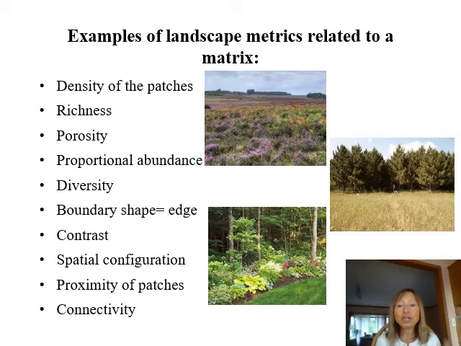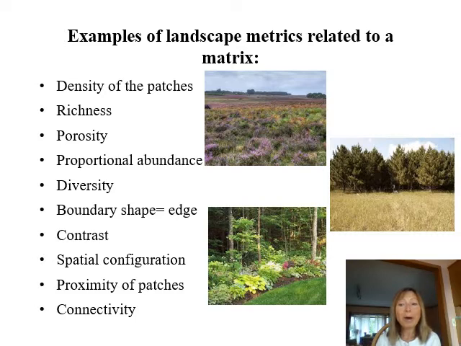Richness shows us what is the share, what is the proportion of different types, what is the diversity of different types of patches within the landscape mosaic. Landscape porosity. So remember this index because it basically shows how many pores, how many holes are within the matrix. The matrix is connected, but it is interrupted by different other elements, different types of patches, and different types of corridors.